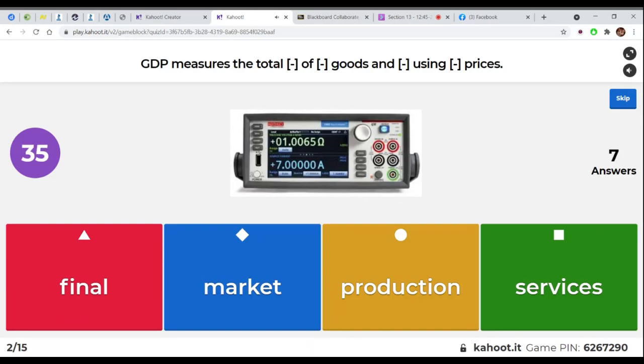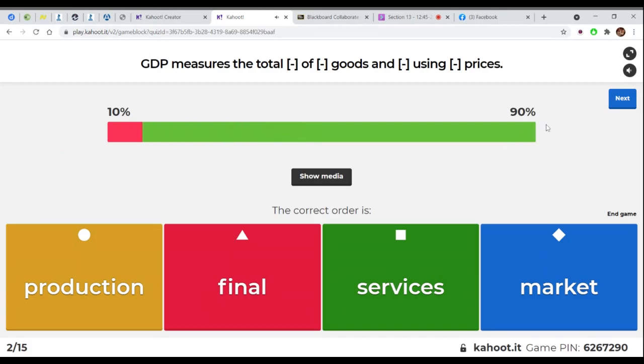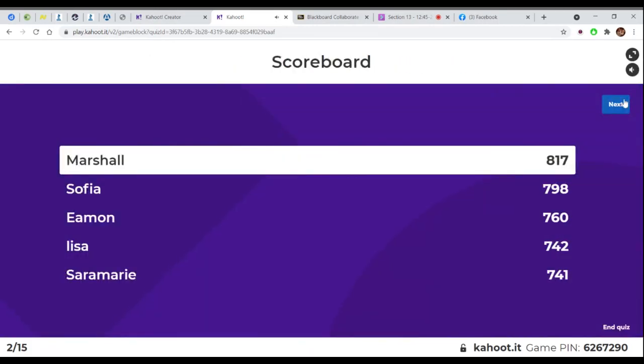The total something is something goods and something using something prices. All right. Most of you got that right. Excellent.